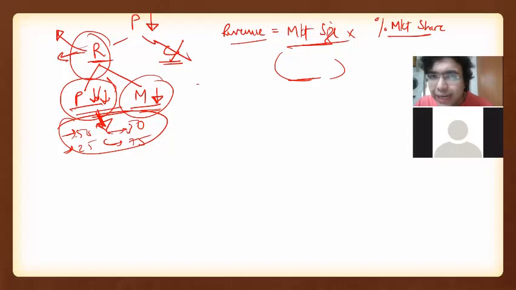My revenues can get hit if overall people are buying fewer clothes, which is the market size, or if people are buying the same level of clothes, but my market share within that has gone down. That people are buying clothes, just not from me.